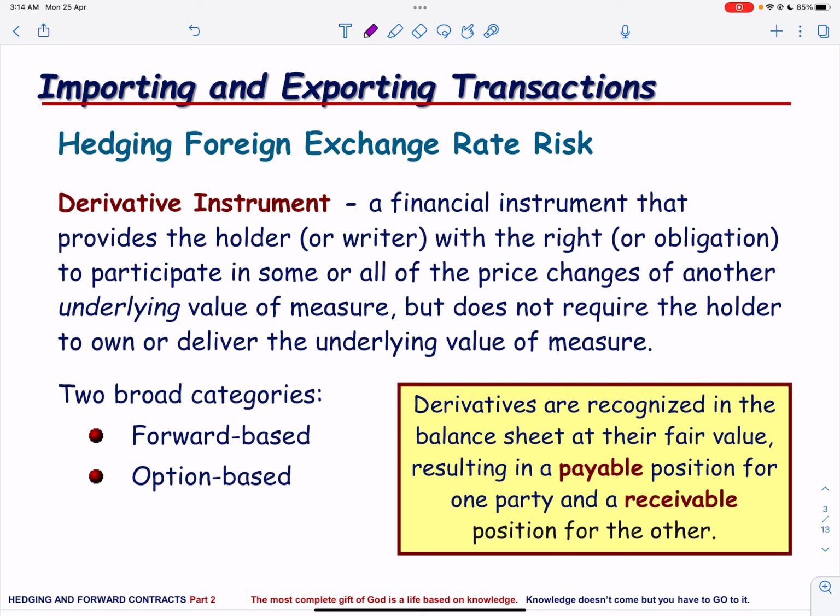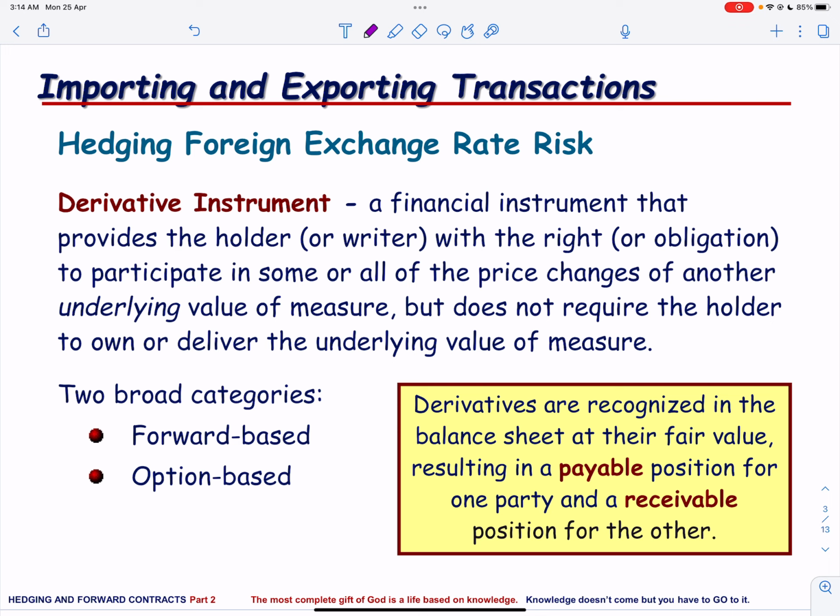Derivative instruments are used to hedge foreign exchange rate risk. Derivative instruments are not only for foreign currency, but for many other financial assets such as stock, bonds, real estate, etc. In case of derivative instruments, if the prices go up, the firm can participate in those price increases.